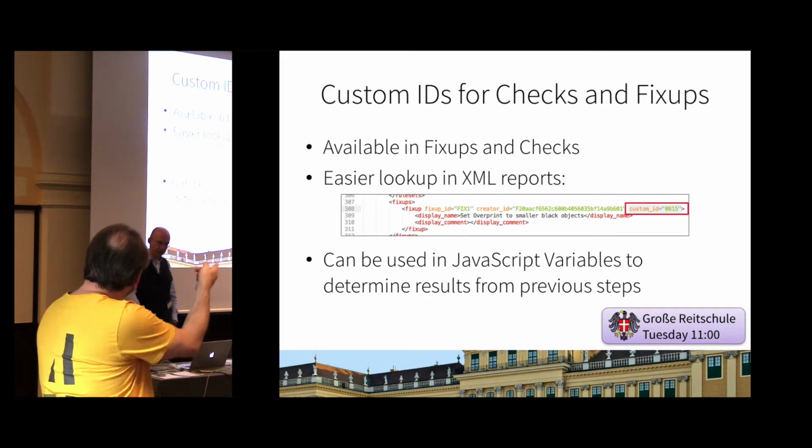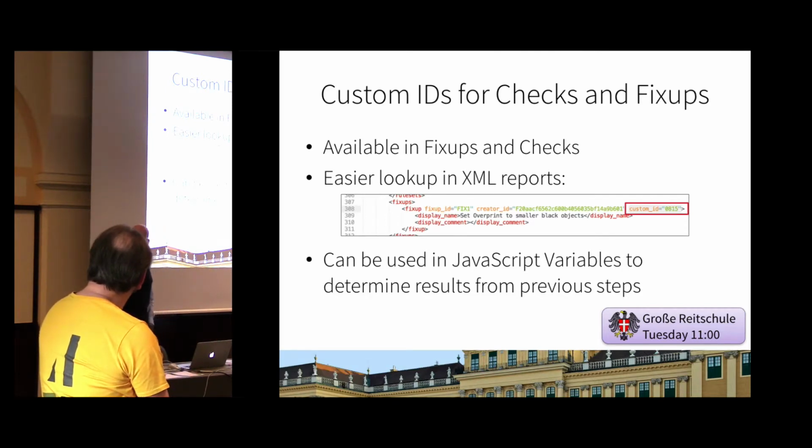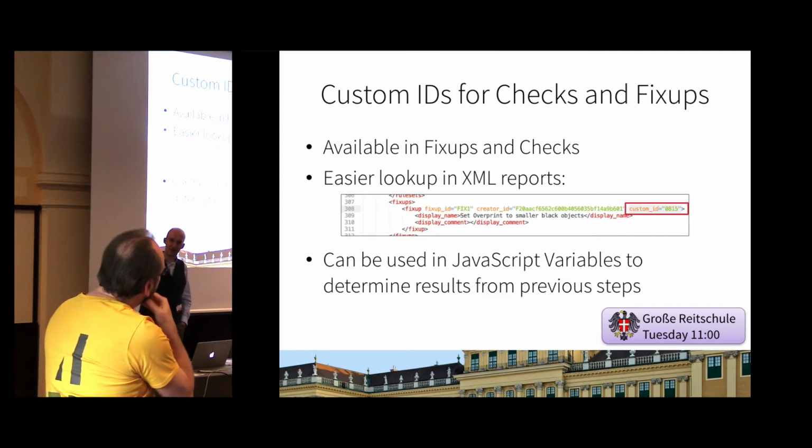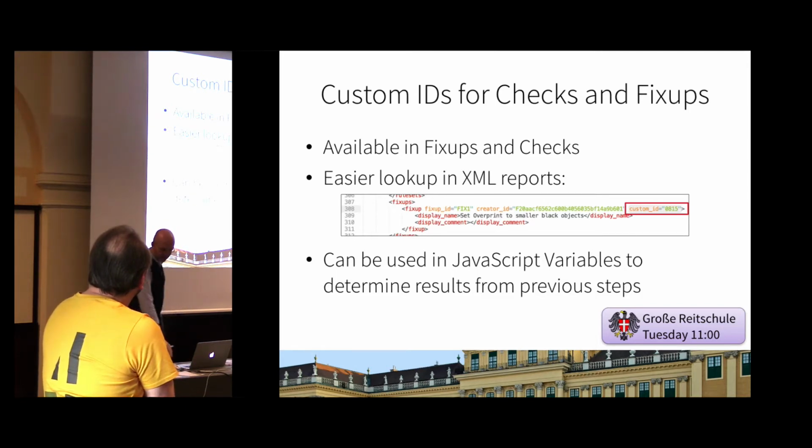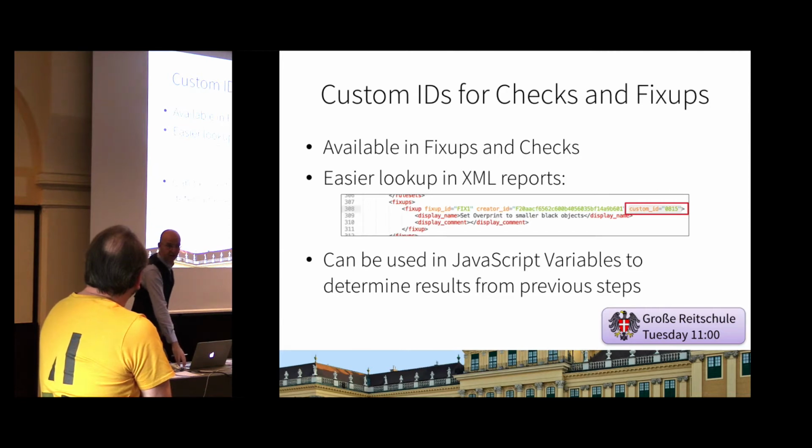This could be used to look at the unique IDs, and then you need the ID to adjust the name, or just to find it, or they have already adjusted the name of a check or a fixup using a variable, not to show it, but to filter, for example, which shall be shown in their custom reports. So you can look for the IDs and resort what you're displaying in your UI or whatever. So it's a nice functionality there.